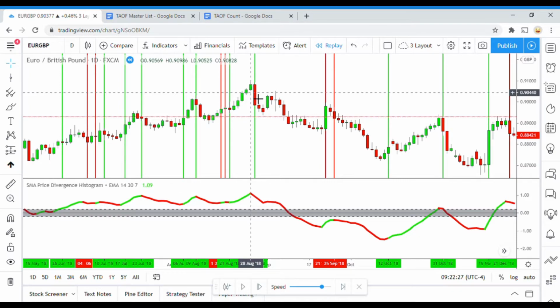I mean, it seems to be almost predicting this really large drop that takes place right here. And that's where I'm a little bit suspicious of it.